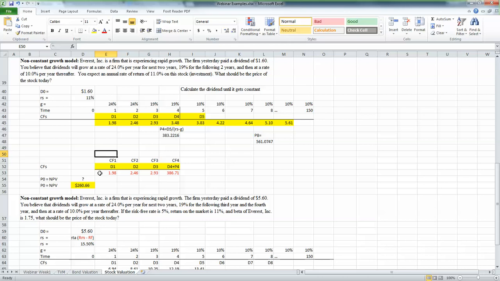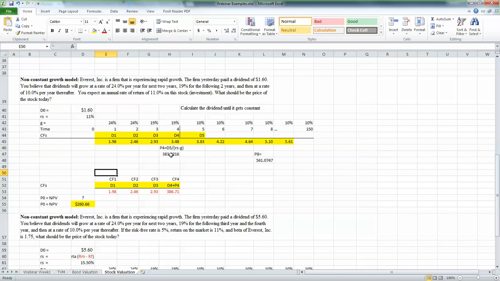Oh, good question. The horizon value is basically, in this case, this P4 is the horizon value. If you are given free cash flow, like in the question in the assignment, you are finding the firm value for 2016.